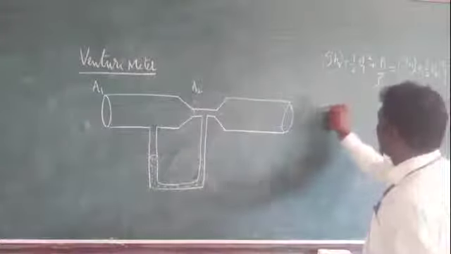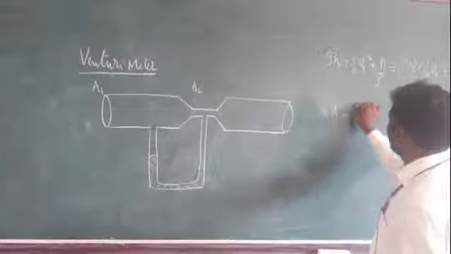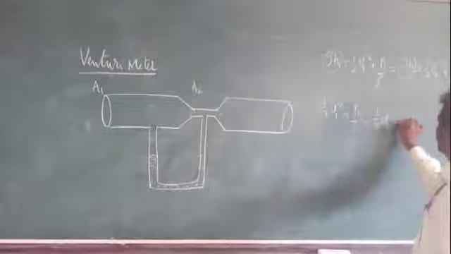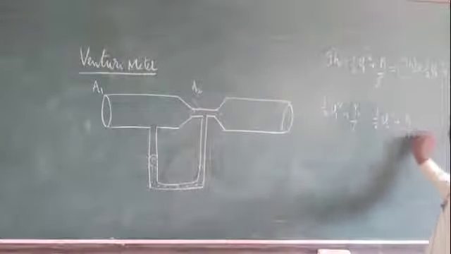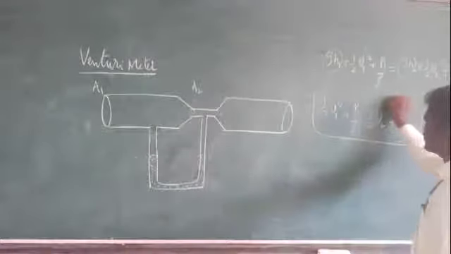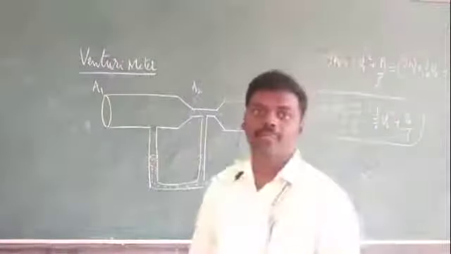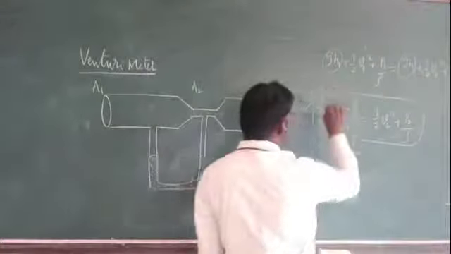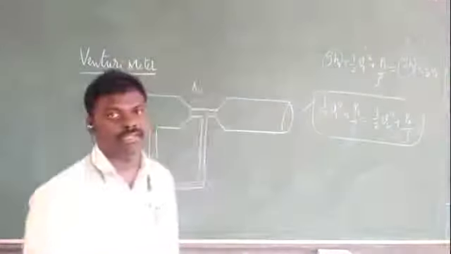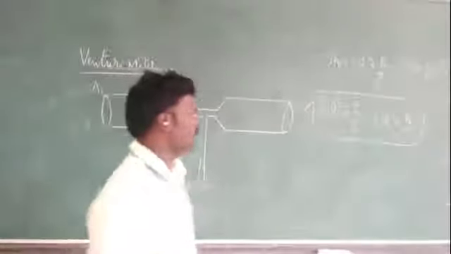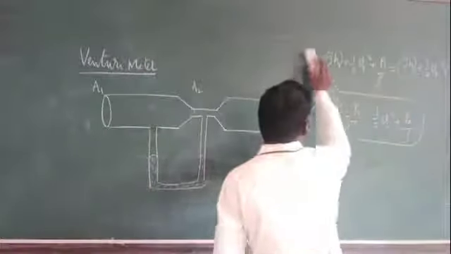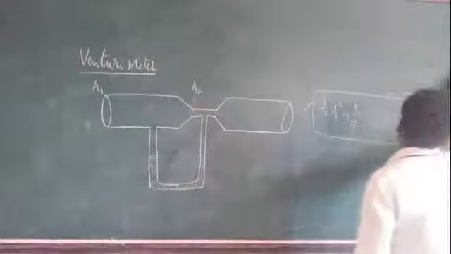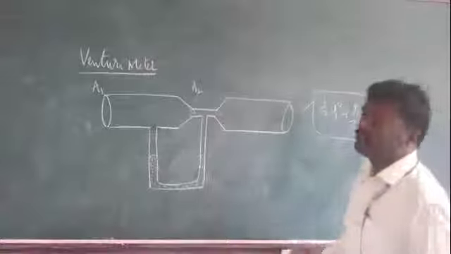So half v1 squared plus P1 by rho is equal to half v2 squared plus P2 by rho. This is the equation applicable when a fluid is flowing horizontally. The Venturi meter works on Bernoulli's principle, with the fluid flowing horizontally.